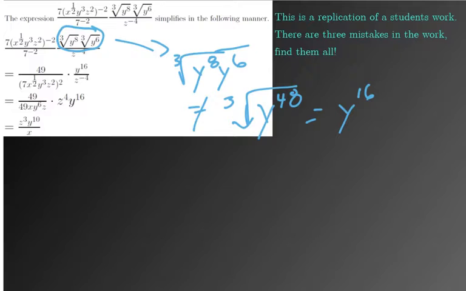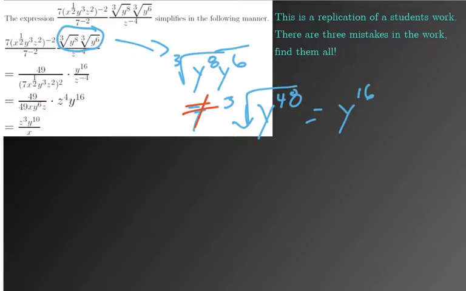That part would be true, but this part is not true. The way you combine powers, right, is you add them when they're multiplied like this. If you have x times x, that's what it means to be x squared. You don't multiply 1 times 1 and say that equals x to the first, right? So you add them. And so that's one mistake.